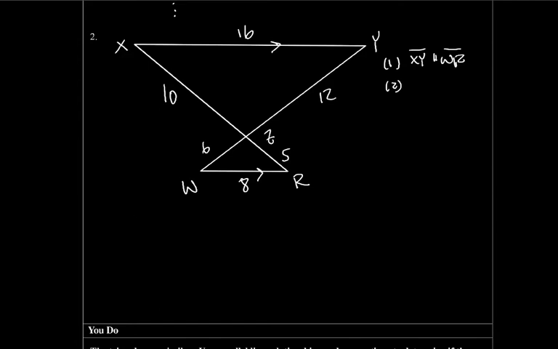We can say XY equals 2 times WR. And then let's say ZY is 2 times ZW. And then we have XZ is 2 times RZ.